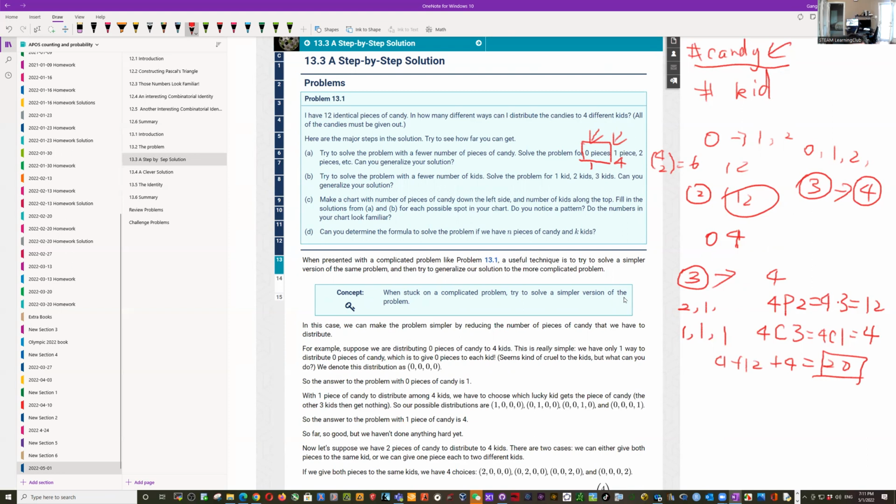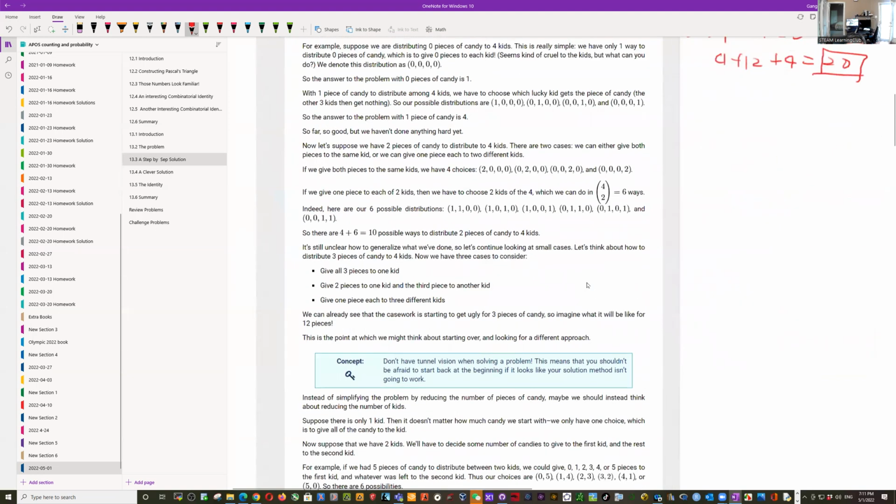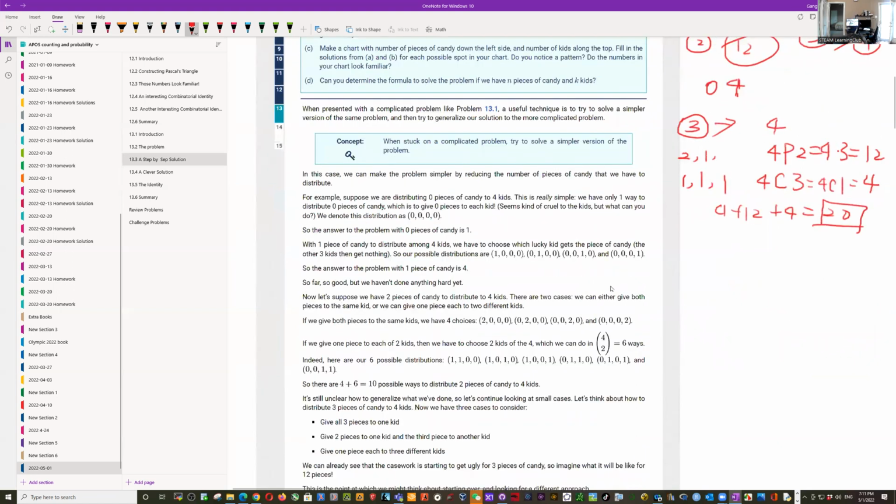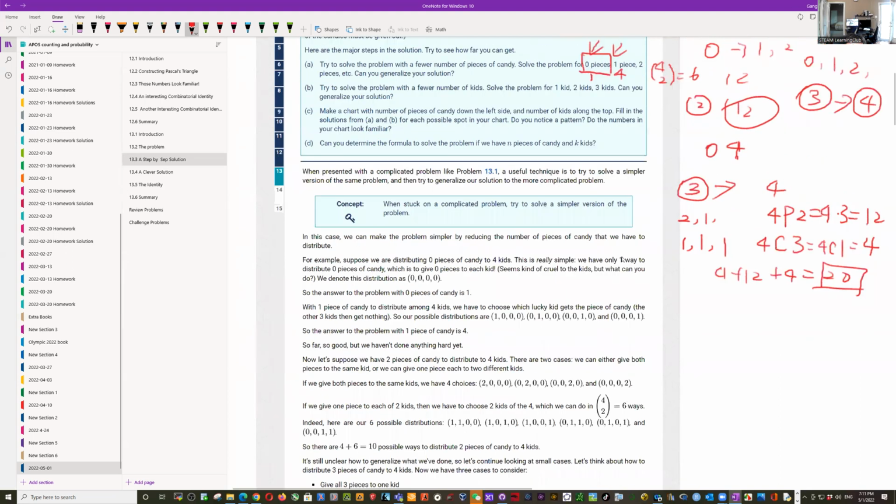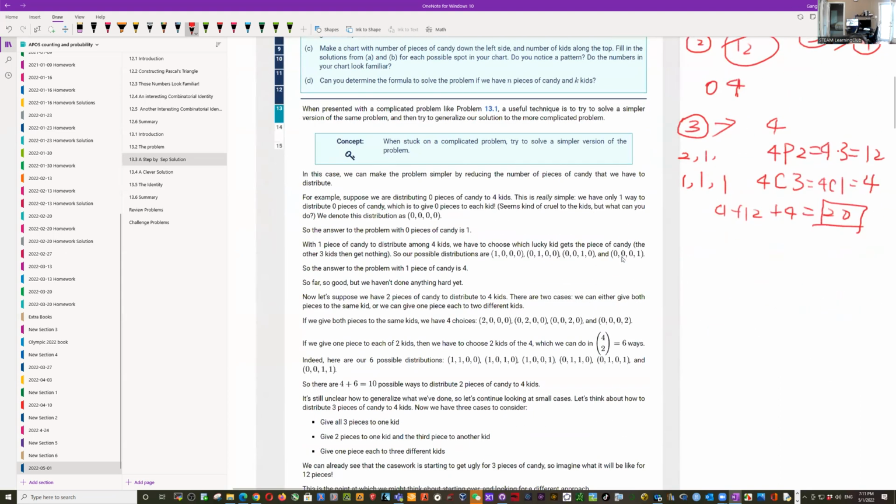So far so good, still manageable. But let's say, 0 pieces of candy is 1, 1 piece is 4, 2 pieces is 10 because it's 4 plus 6.